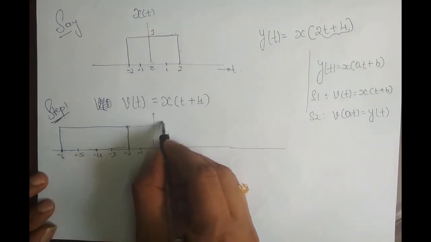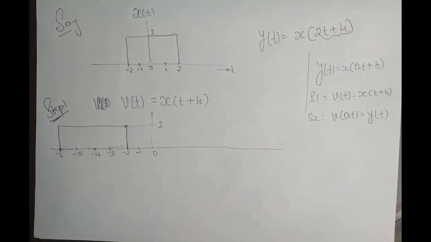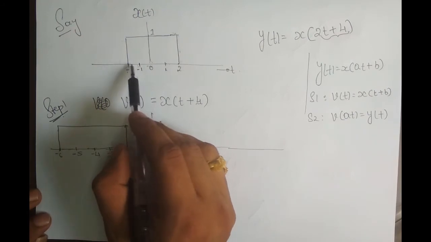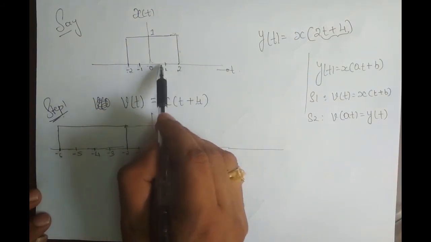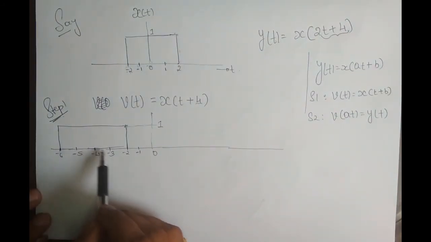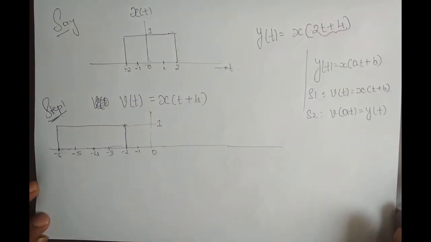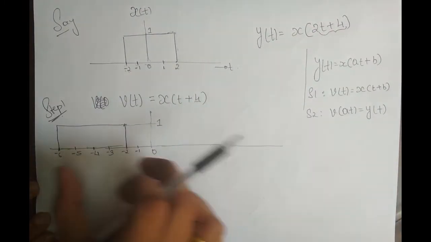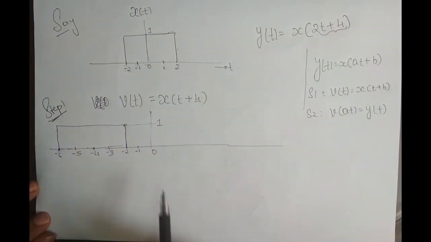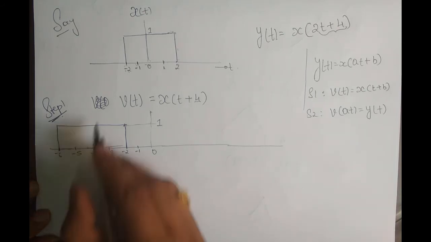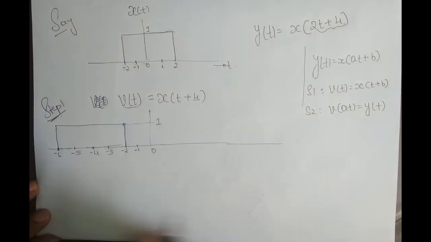Right? So the amplitude remains the same, 1. So the total distance is 1 unit, 2 unit, 3 unit, 4 unit. Yes, fine. So this is the rectangular signal, shifted left 4 times, right? Okay. So this is my step 1, in which I got v of t.